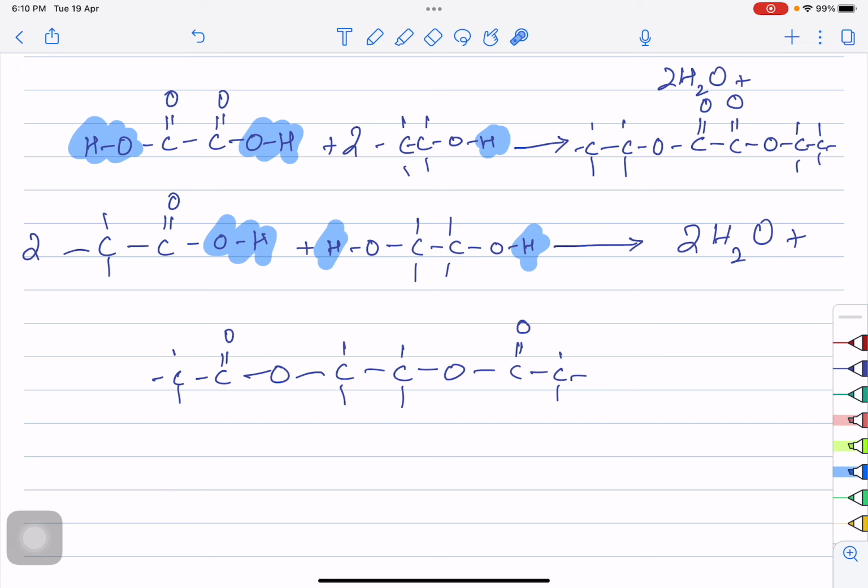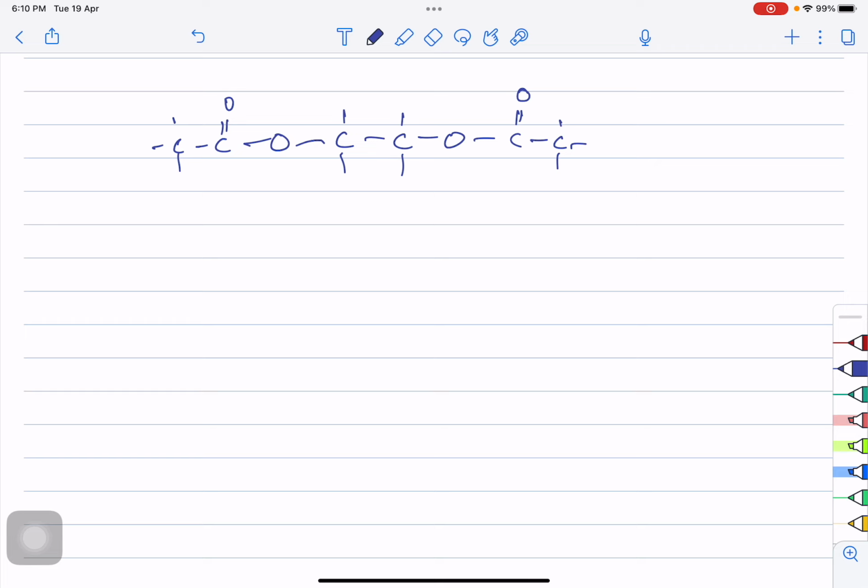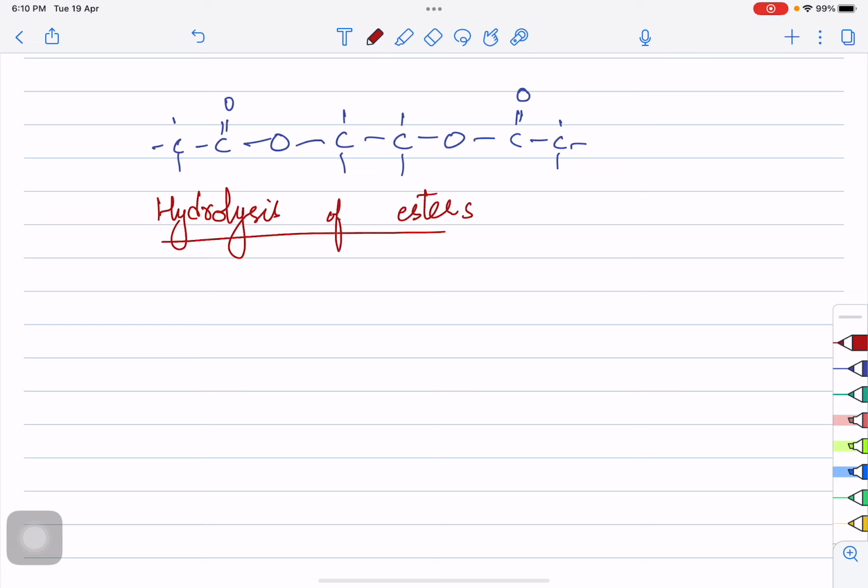Now there are a couple of facts that you need to remember about this for hydrolysis of esters. Again, they won't ask you the detail of these facts right now, and I don't think they'll ask in A2 either, but I'll quickly tell you what happens and why it happens.